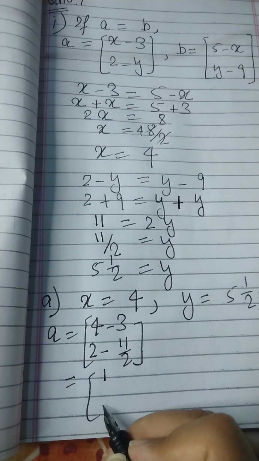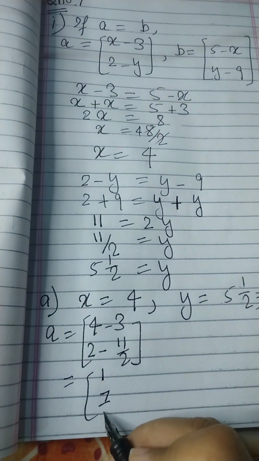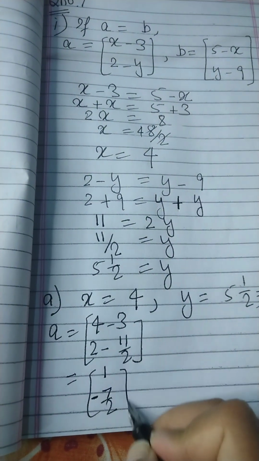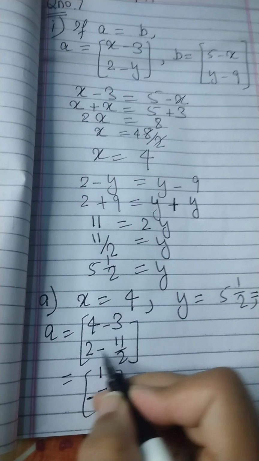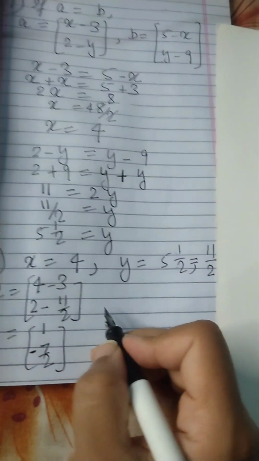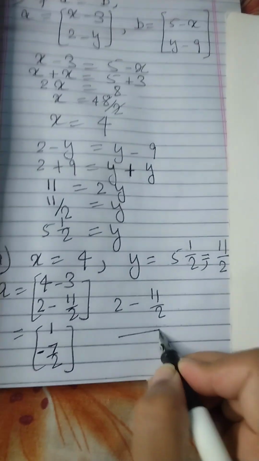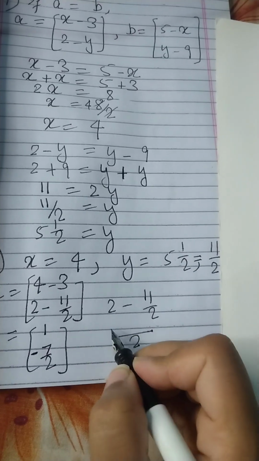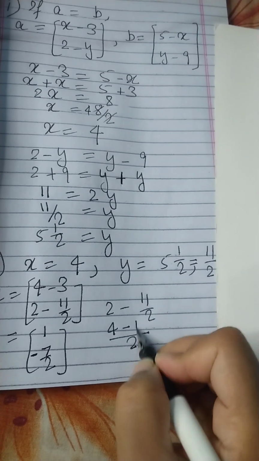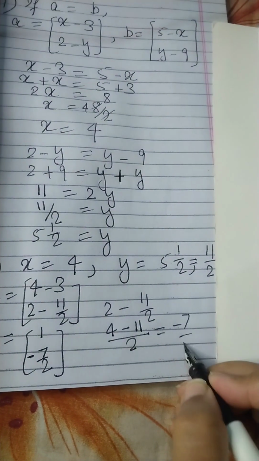It will become 11 minus 4, 7, so 7 by 2. The answer would be negative. For example, 2 minus 11 by 2, taking LCM, 2 twos are 4 minus 11, which is 4 minus 11, equals minus 7 by 2.